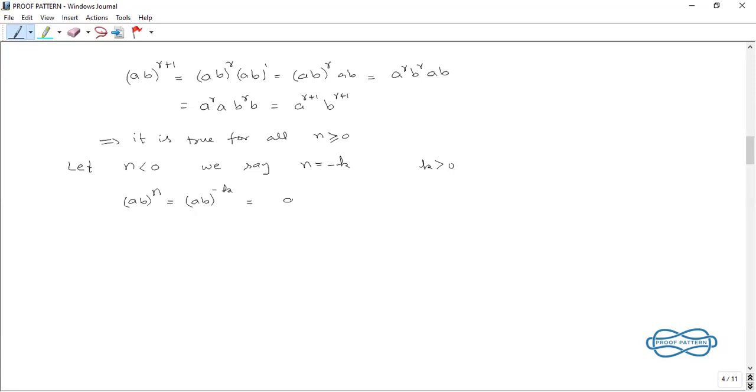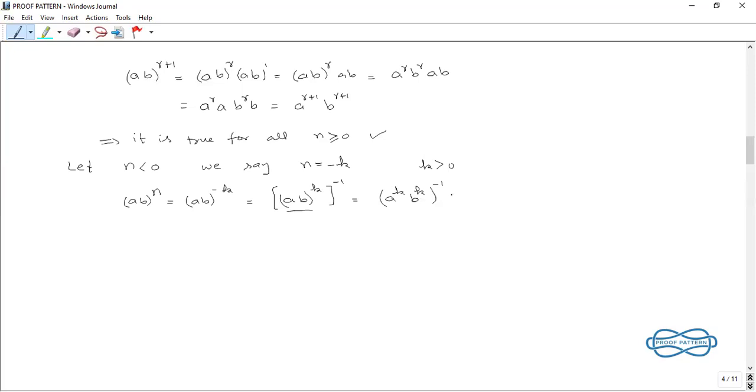If we see, this can be written as ((ab)^k)^(-1), and that will be (a^k b^k)^(-1), because now k is a positive integer and (ab)^k is already equal to a^k b^k from our previous result.